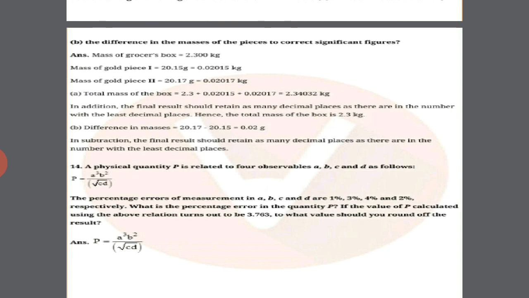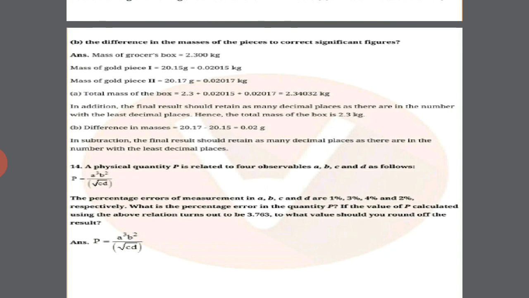In addition, the final result should retain as many decimal places as there are in the number with the least decimal places. Hence the total mass of the box is 2.3 kilogram only. We will leave out the other smaller values.